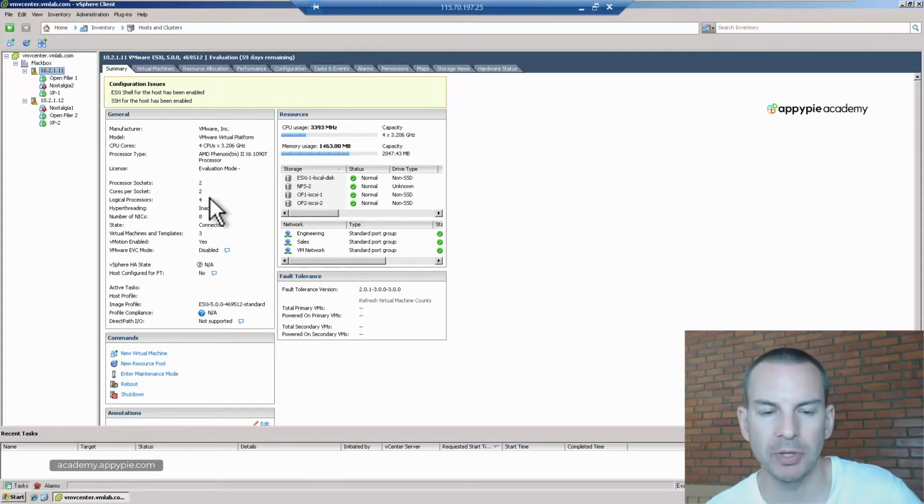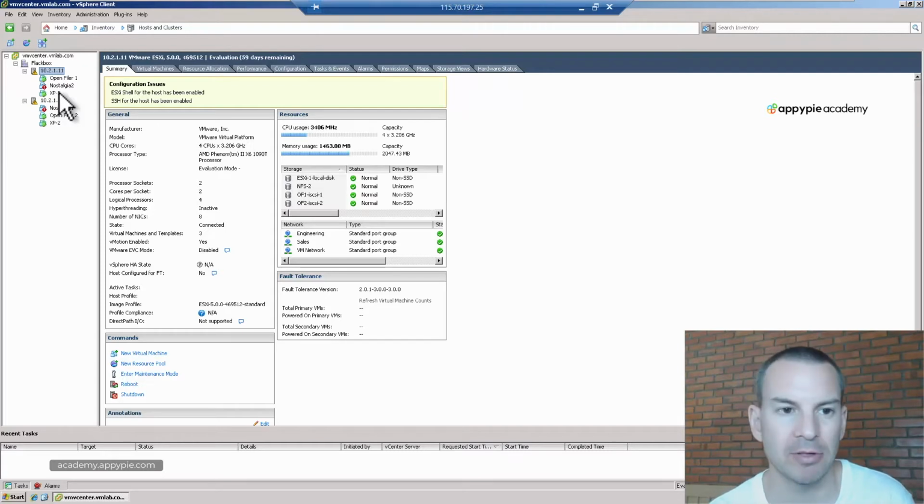So those CPU and memory resources can be divided up amongst the virtual machines that I've got running on this host. So I can see I've got 3 virtual machines on here, OpenFiler 1, Nostalgia 2, and XP1. Again, these are just low-powered virtual machines for my lab demonstration.